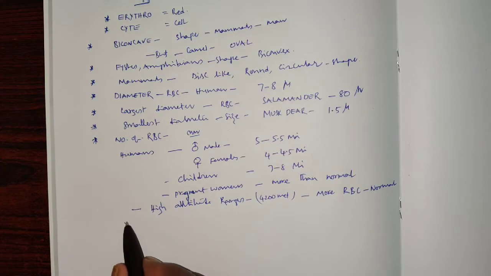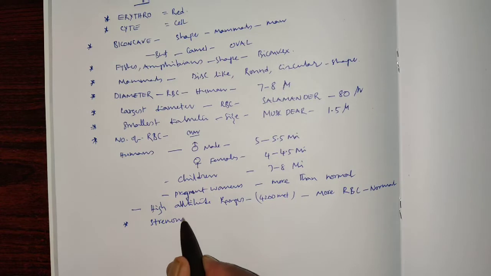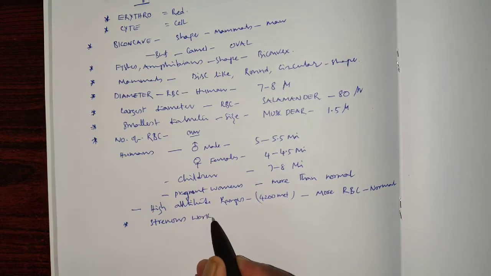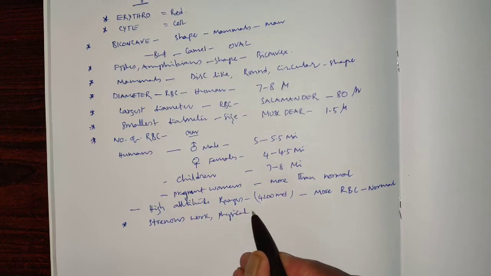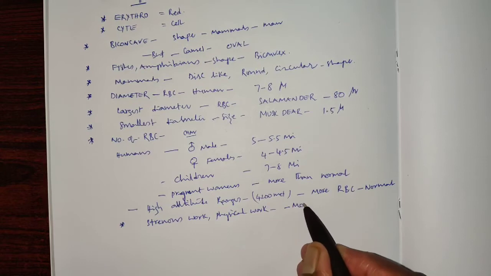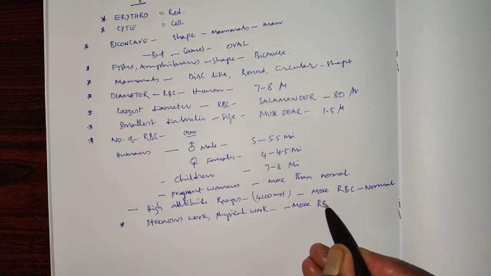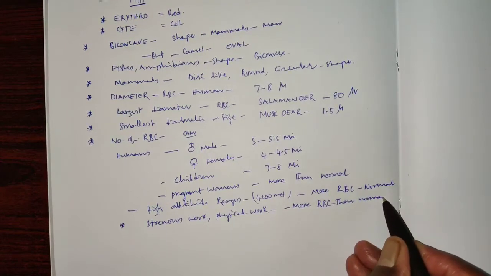And the people who do strenuous work and physical exercises usually have more RBCs than normal people.